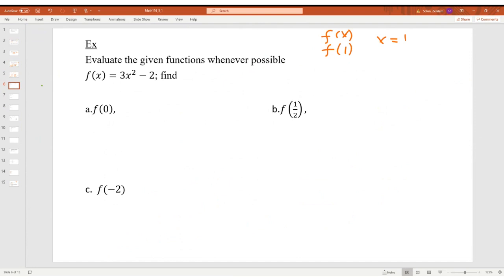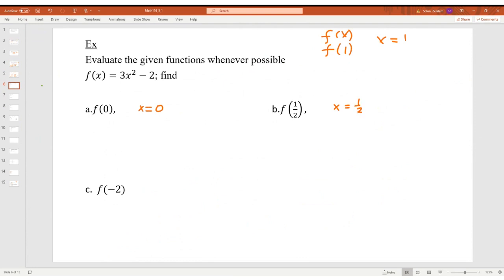Before we evaluate the function, the first thing you do is identify what is the x value. Now, if you see A, it says f of 0. That means x equals 0. The second one says f of 1 over 2. That means x equals 1 over 2.